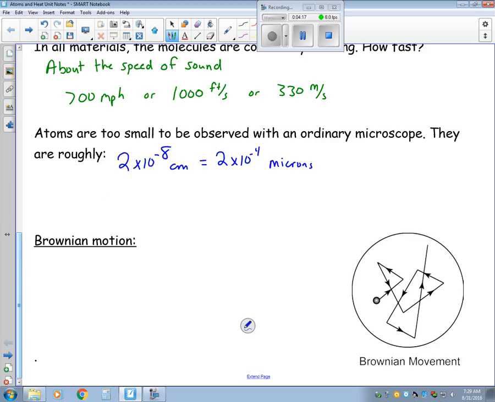A micron is the same thing as a micrometer. The unit for micro is mu, and it is 10 to the negative 6th meters.